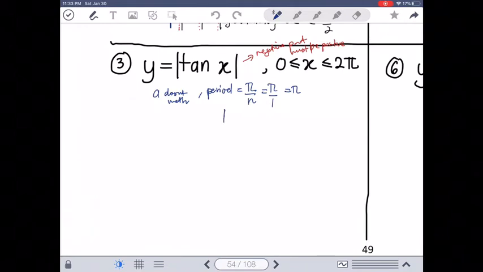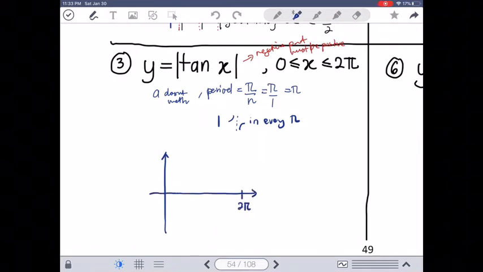So one cycle in every pi, since we have to draw the graph from 0 until 2 pi.